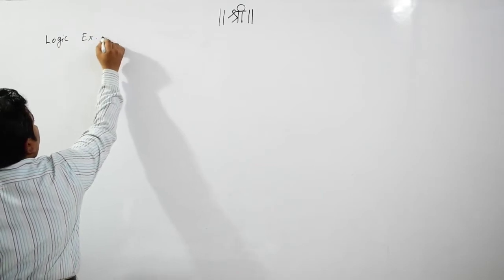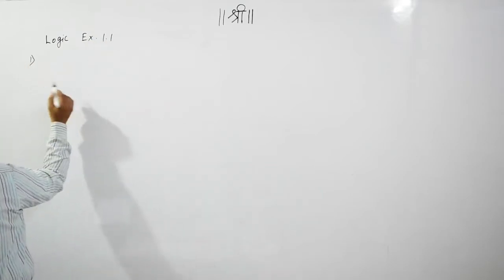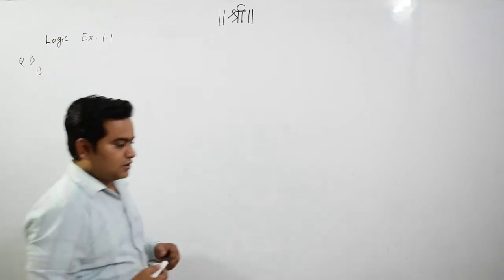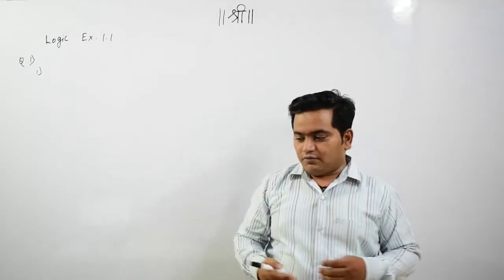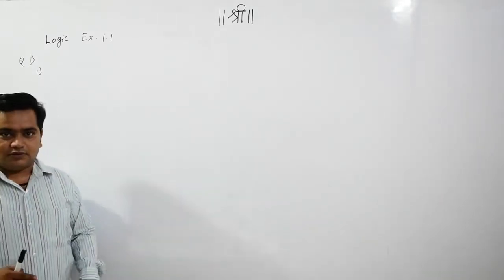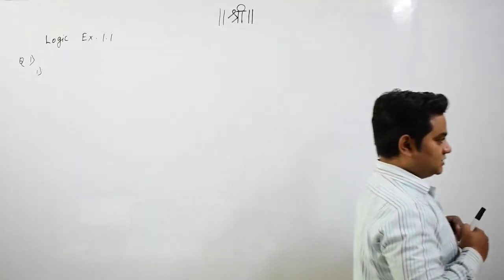Exercise number 1.1. Okay, so question number 1, which is quite easy actually. They have given us a few examples and we need to find out whether they are statements or sentences.